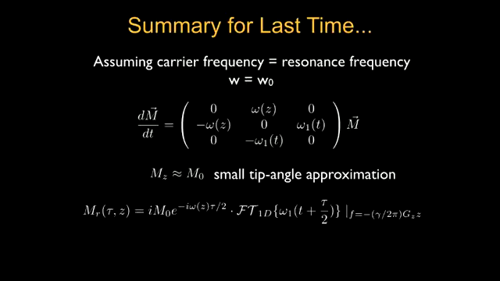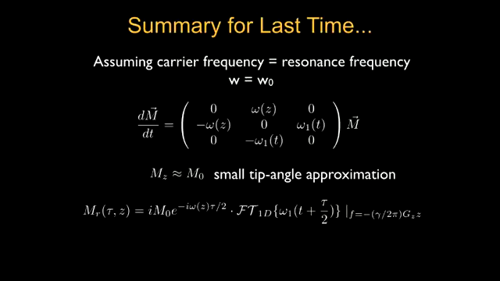By applying this approximation, you can find a solution analytically with a Fourier transform relationship. For a given gradient and B1, you shift the B1 field, or the RF waveform, to be centered by half the duration, and then apply the Fourier transform, and everything else is your slice profile.